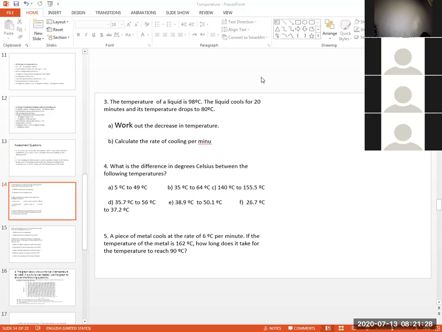Any question? Have you understood how to work out that question? That is what you are required to do. Good. Any clarification? If someone has any question, you can ask before we move on to the next question. Anyone who needs further clarification, you can ask. Yeah, since there's nobody with a question, it is a clear indication that everybody has understood the concept. So therefore, I want us to move to question number 6.